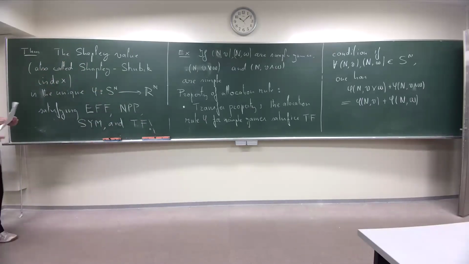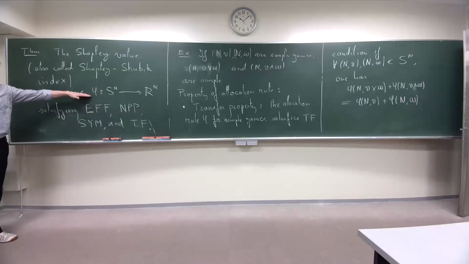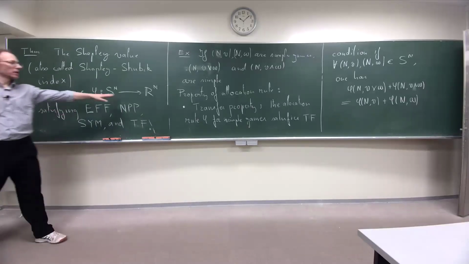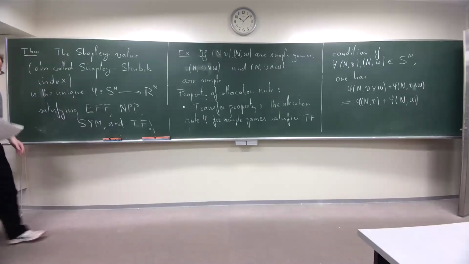So again, we have a characterization of one way to distribute this.